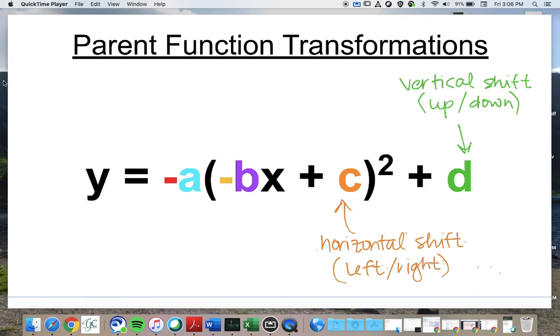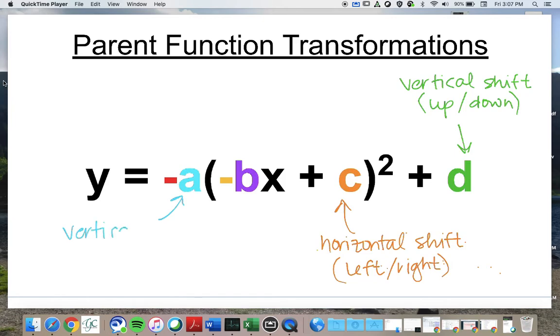Similar to the shifts, we have both horizontal and vertical stretches and compressions, just depending on where they sit in the equation. So this a value that's outside the parentheses, it's away from the x. We can see that that x is nestled in those parentheses. So when I talk about it being away from the x, that means it's outside those parentheses. So this a value is going to be a vertical stretch or compression.